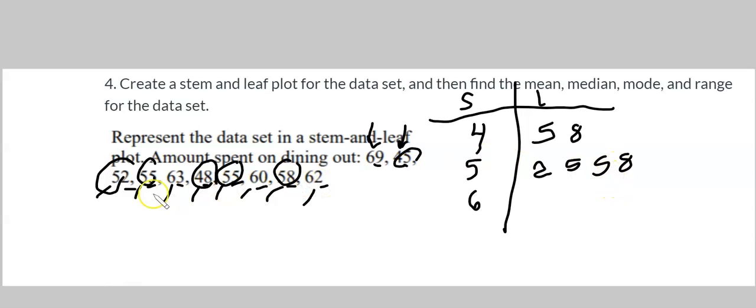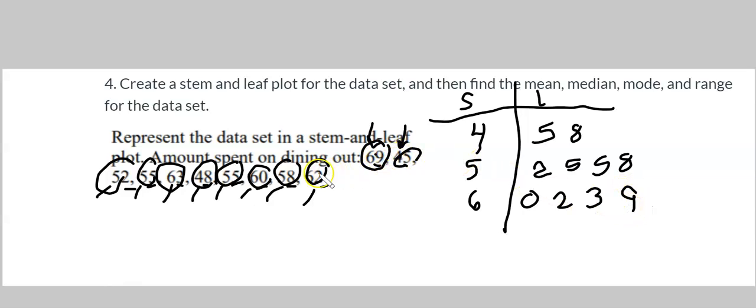And then I'm going to deal with the ones that have a stem of 6, or in the 60s. I have 69, 62, 60, and 63. So my leaves are 60, so a 0, 62, so a leaf of 2, 63, so a leaf of 3, and 69, so a leaf of 9.